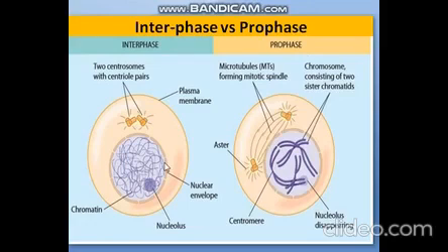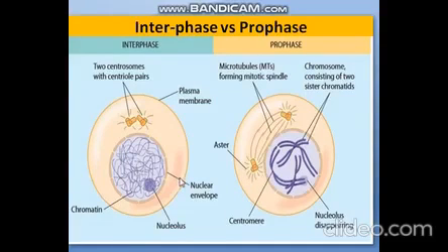Interphase, as all of us know, is the phase where the chromatin material is visible, but it is not as clear as it is in prophase. In prophase, you can clearly see the chromatids and the sister chromatids, but here you cannot see the chromatids. Also, the asters that are formed are visible in prophase, but they are not visible here in interphase.